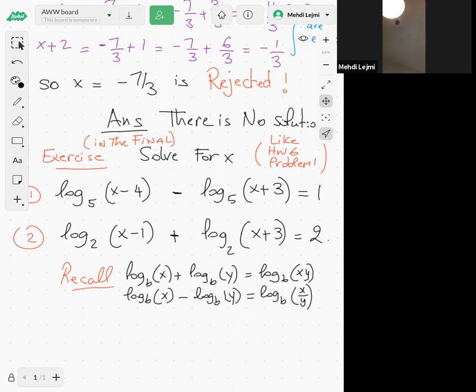So yeah, in the final, guys, again, well, here I probably didn't pick the right numbers, but in the final, I'm gonna make sure that if you have a square root, you have a perfect square.